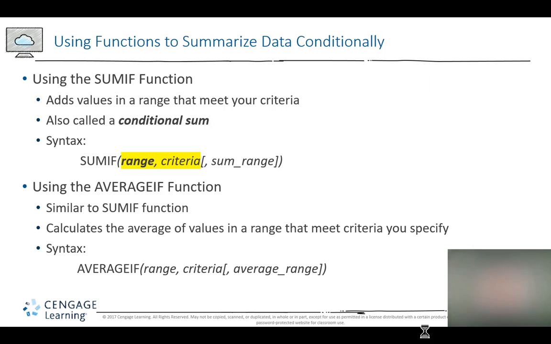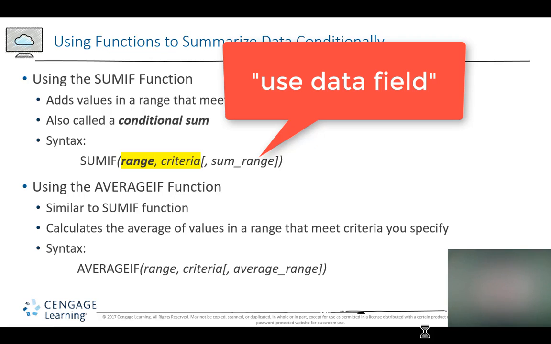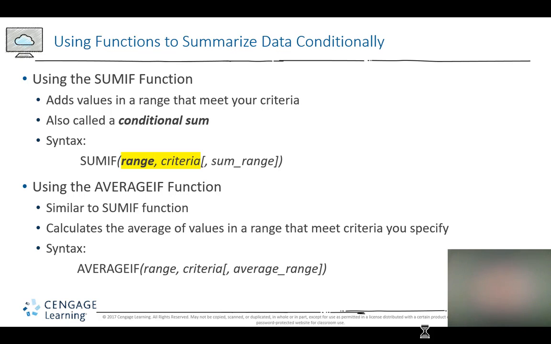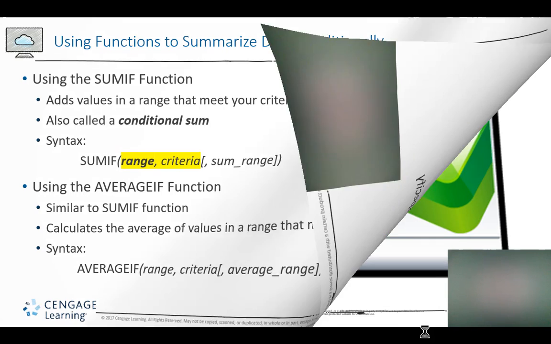The sum range will be the column that contains the actual salary data that you will be adding up if they work for that particular store. You can do this as well using AVERAGEIF, and it's similar to SUMIF, except at this point we would be computing the average for the average range.